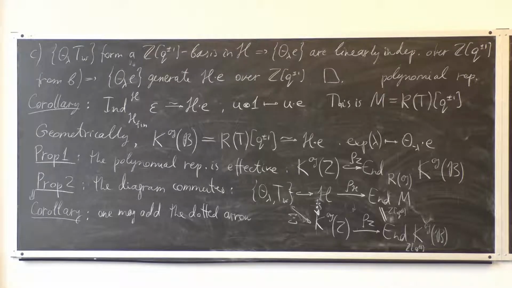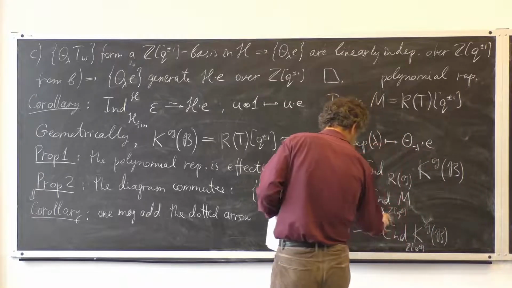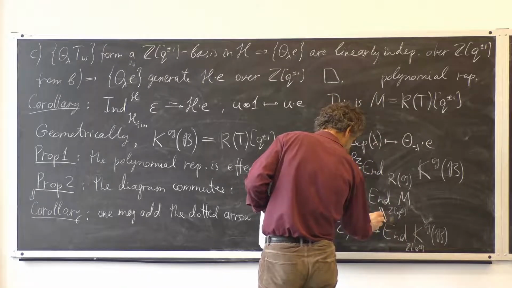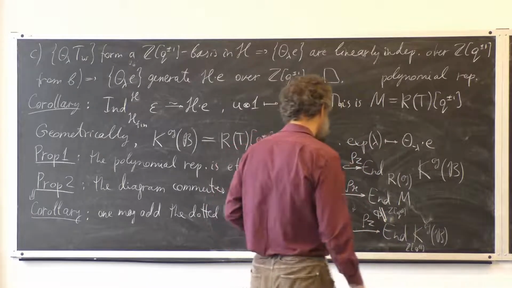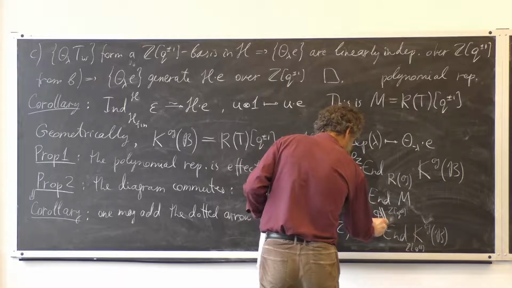So we take an element in the kernel of tau, and maybe let's denote this phi, homomorphism.